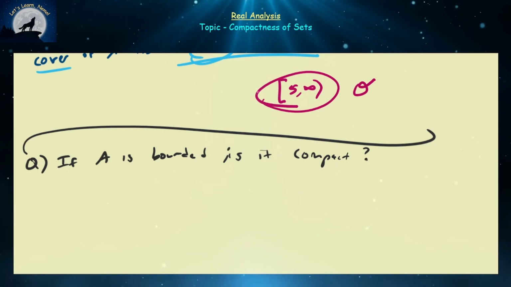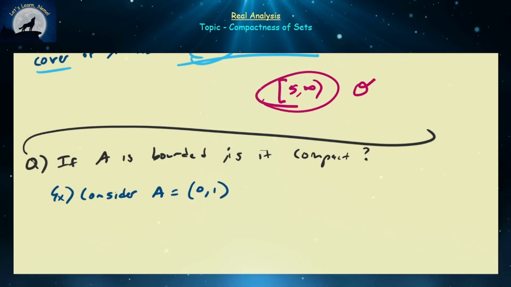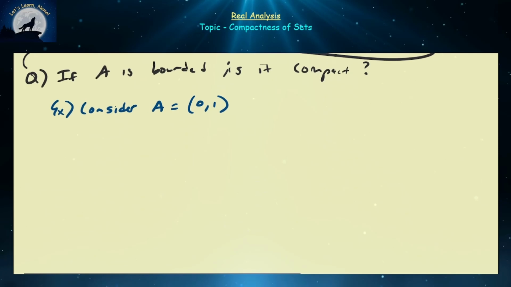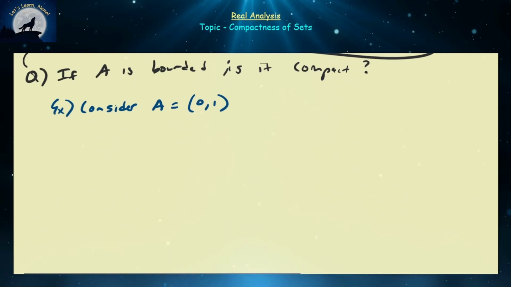Because if it is, then we can take as a corollary that the half open interval [5, 8) is a compact set. So let's actually take a very important interval. Let's consider the full open interval A = (0, 1), which is obviously bounded above by 1 and also bounded below by 0, amongst other numbers.